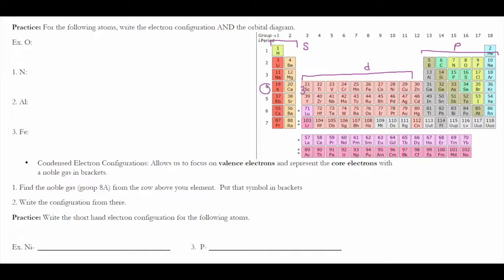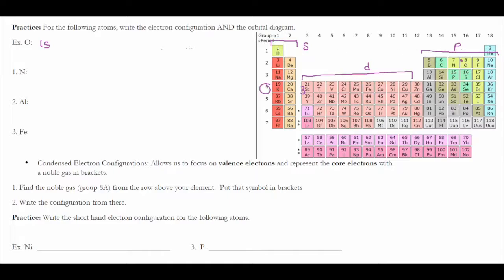So you're going to start off by writing first your energy level, then the sublevel, and then how many electrons you have in it. So for oxygen, I'm going to go all the way to right here. Okay, so this is going to be 1, because it's the first energy level. Then it's going to be S, and then you've got 1, 2 electrons, because you're going from hydrogen all the way over to helium.